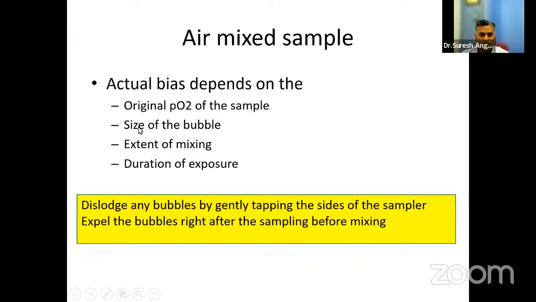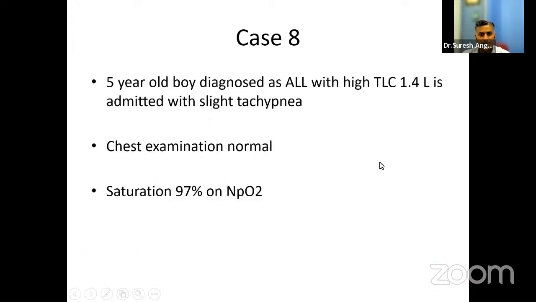It also depends on the size of the bubble, the original PO2 in the sample, the extent of mixing, and how long the exposure has been. So to avoid such problems, we should dislodge any bubbles by gently tapping the sides of the syringe and expel the bubble before storing samples or before doing analysis, right?